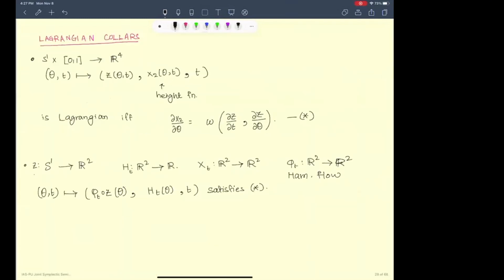So one thing to notice is suppose you start with some immersion Z of S1 in R2, and you take a Hamiltonian on R2, and you use the flow of this Hamiltonian on Z, and you put this height function as exactly that Hamiltonian, this thing is going to satisfy that relation.